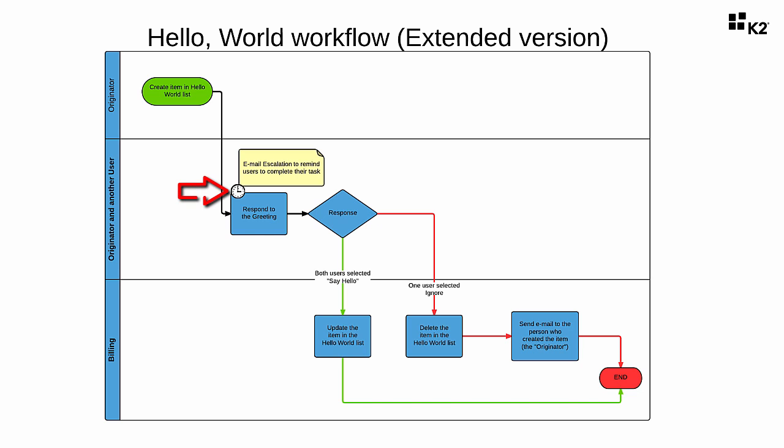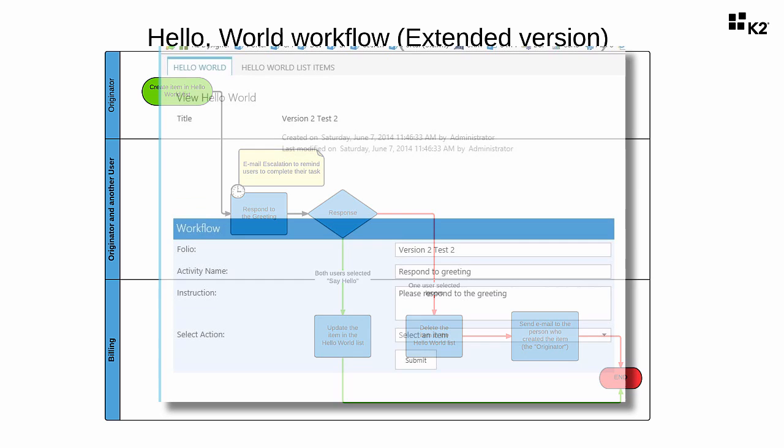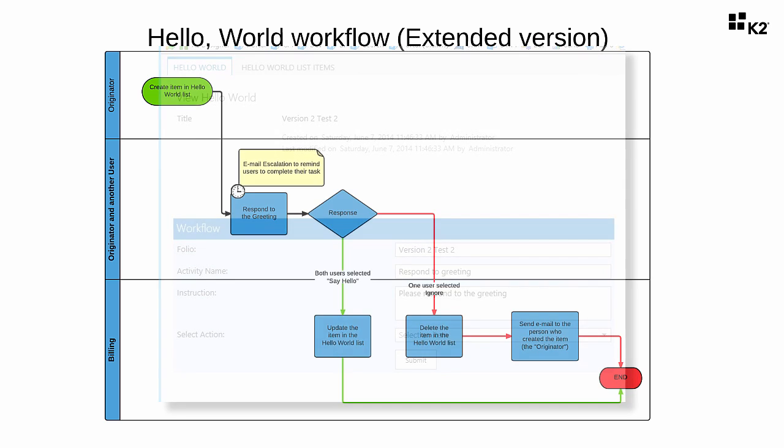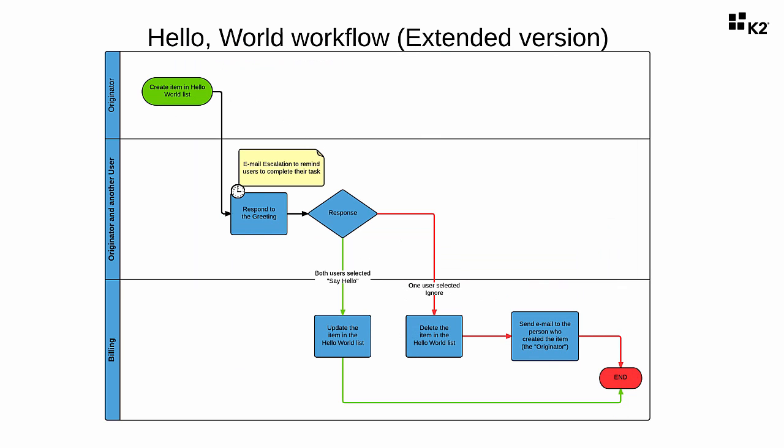We will also add an escalation to the Respond to Greeting task to remind the users to complete the task if they have not done so yet. And finally, we will modify the workflow so that it uses a generated K2 Smart Form as the user interface for the task instead of the standard SharePoint page. For the data, we won't be making any changes to the Hello World SharePoint list, which happens to be the data source behind the smart object for this application.